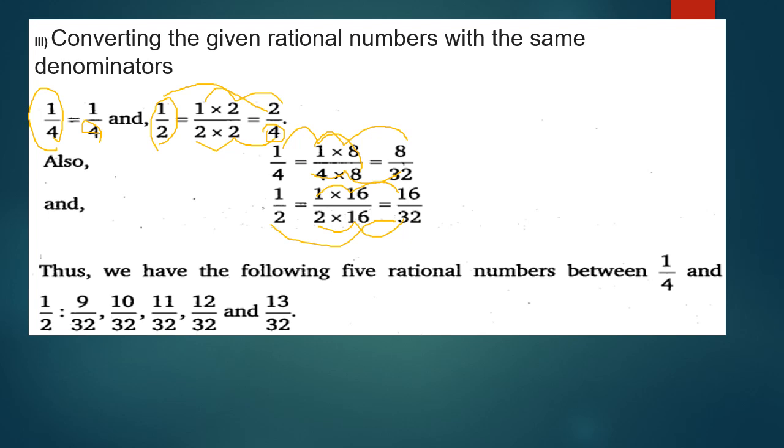Here, see, the final form of 1 by 4 and 1 by 2 is 8 by 32 and 16 by 32. So we can write so many rational numbers between these two numbers now. Children, 9 by 32, 10 by 32, 11 by 32, 12 by 32, 13 by 32, 14 by 32, 15 by 32 are the rational numbers between the 1 by 4 and 1 by 2.